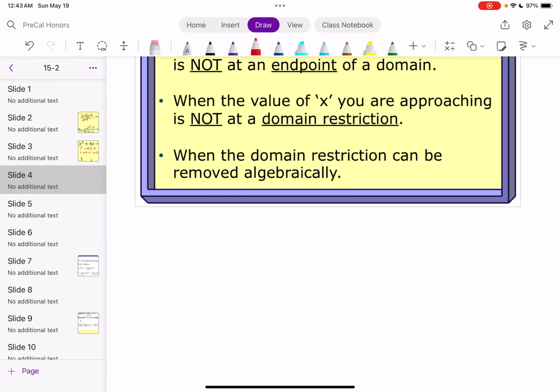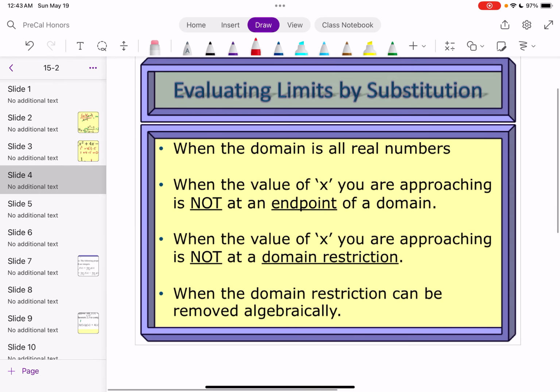There are some general rules that you look at when you are evaluating the limits. Now, generally, when the domain is all real numbers, that is going to happen whenever you have a polynomial.